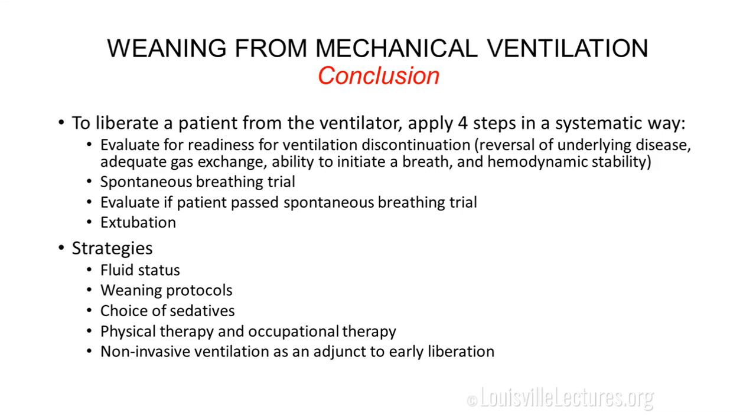We talked that perhaps in patients who have heart failure or bad COPD, you might want to do either T-pieces or just the flow-by from the ventilator for 30 minutes. After the spontaneous breathing trial, you're going to be looking at simple parameters to see if the patient passed, and then you're going to extubate the patient if the patient passed.